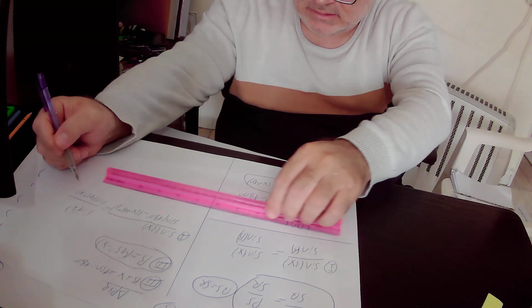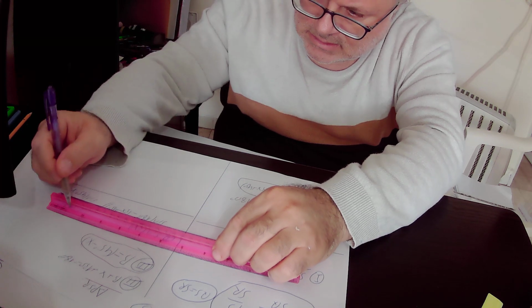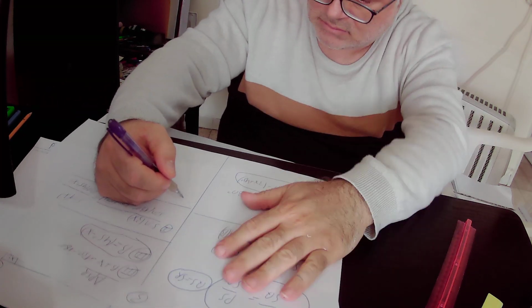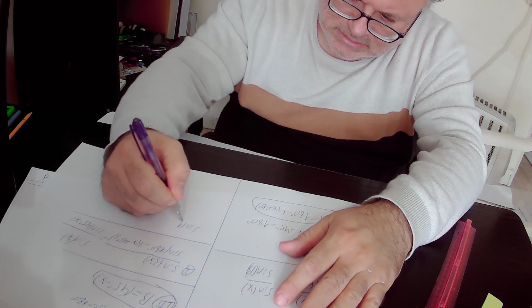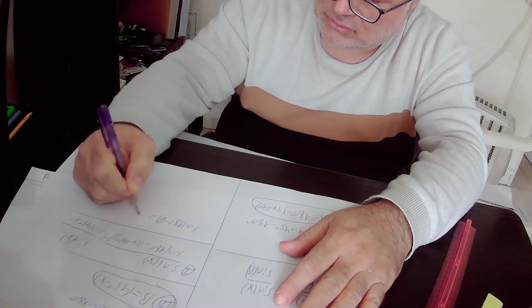We have the trigonometric identity that states that sine of (180 degrees minus theta) equals sine theta.